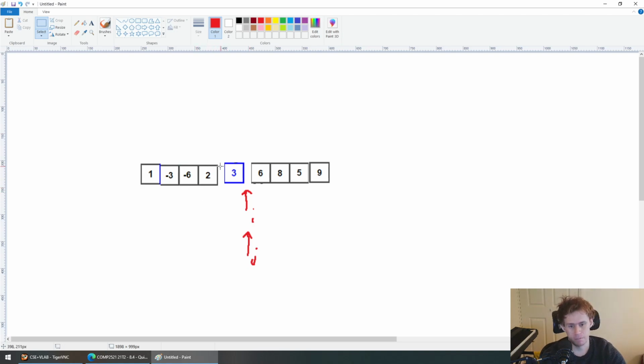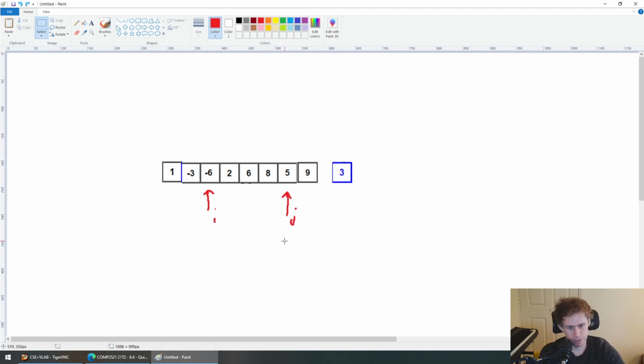Let me give you a quick comment on stability when it comes to Quicksort. So let's say my pivot here is 3. And let's say that I didn't have a -3 here, I just had a 3. So you think, all right, is this stable? Well, it depends what my rules are.